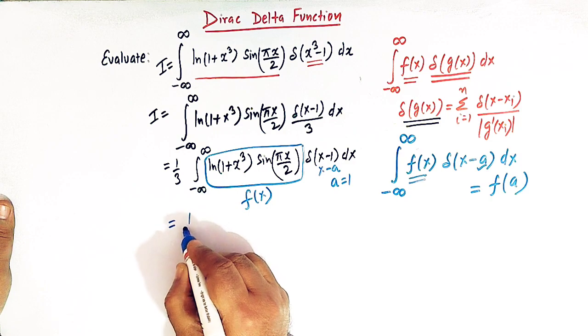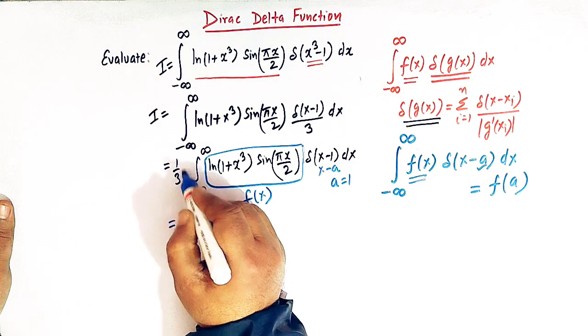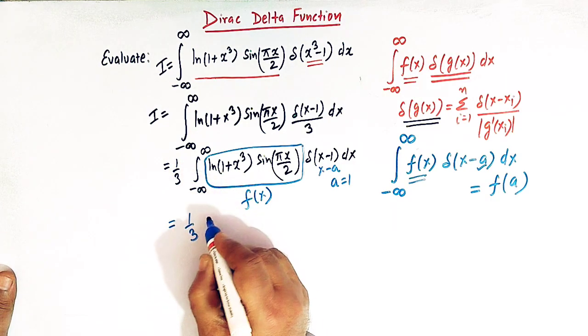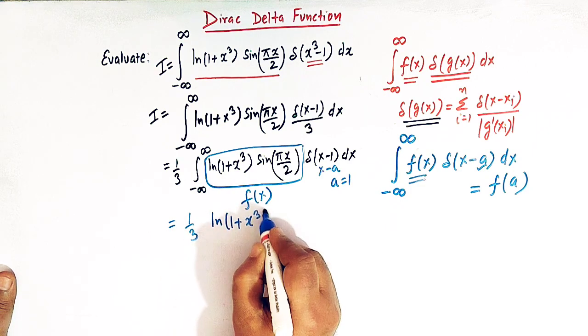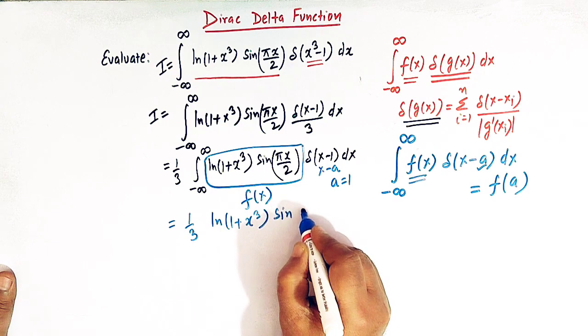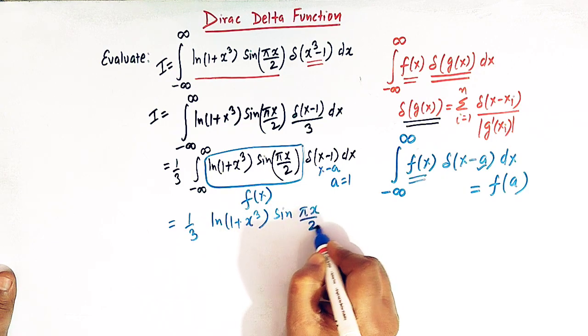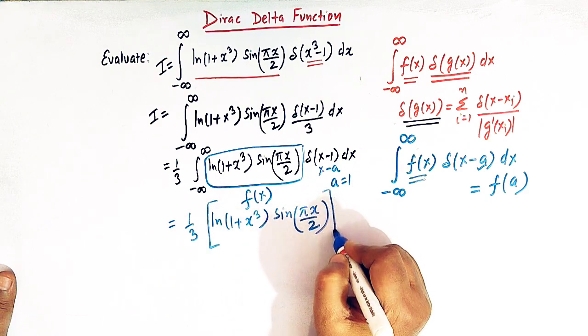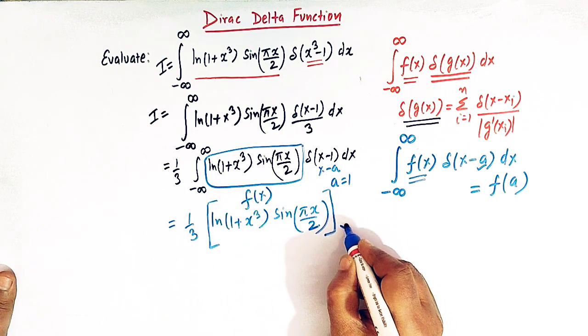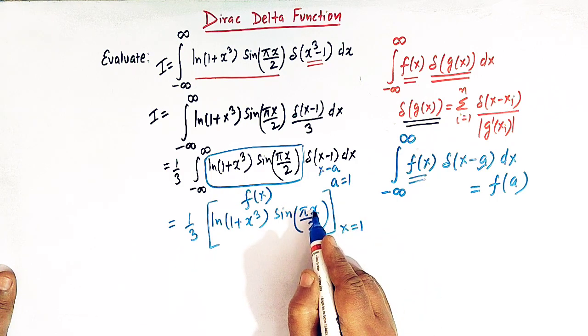So now we have the factor 1 over 3, and then we have log of 1 plus x cube, sine pi x over 2, and we have to evaluate this entire expression at x equal to 1, right?